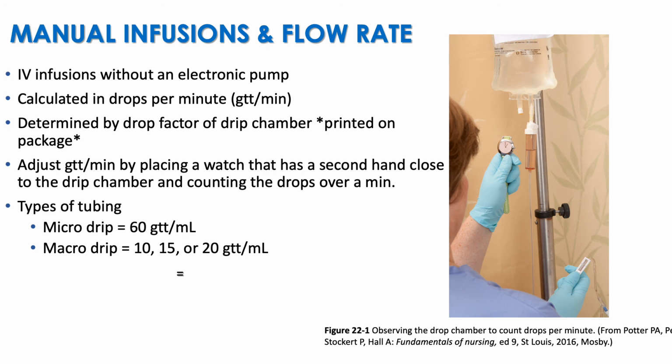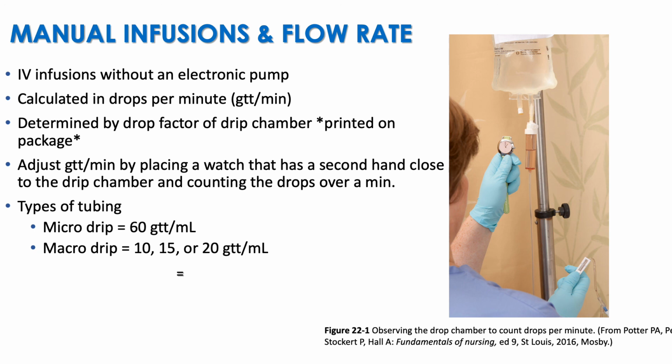Maybe it's a medication that we really want to make sure the patient receives exactly what they're supposed to. So think of pediatric populations, critical care patients, and the elderly. Micro drip tubing would be better in those types of situations.